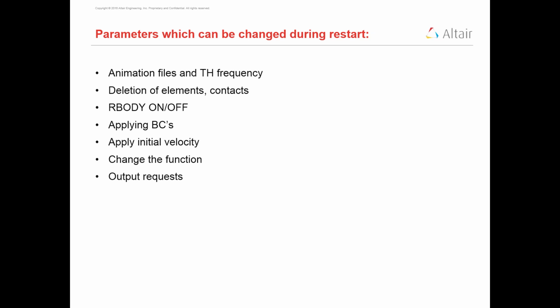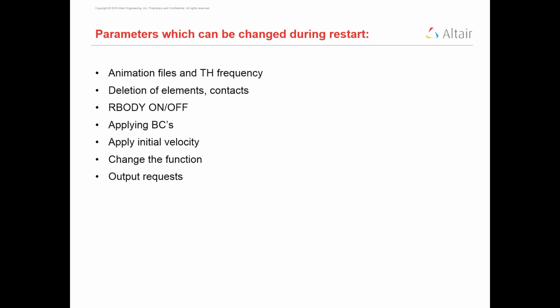Some parameters that can be changed are the animation files and TH frequency. For how many seconds the animation files have to be generated, that also you can change in the restart procedure, that is in the second engine file.